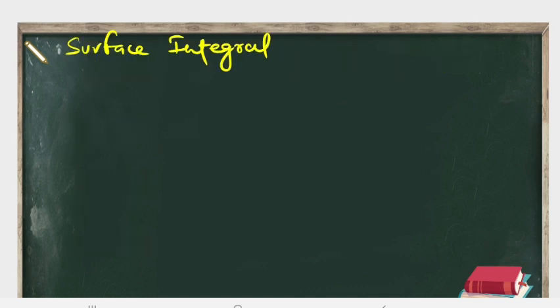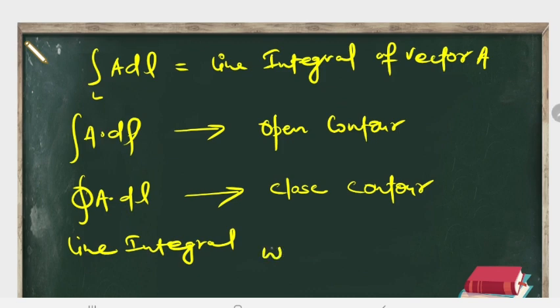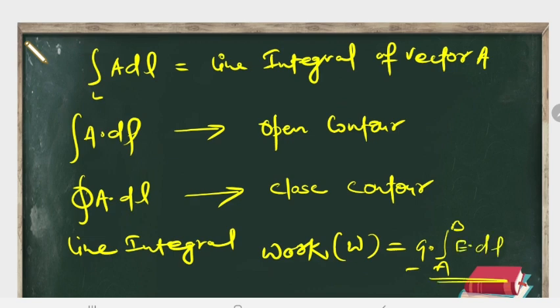Then the work done W is calculated as follows: we are trying to move charge Q in a given field, and this is equal to Q times the line integral of E dot dl.